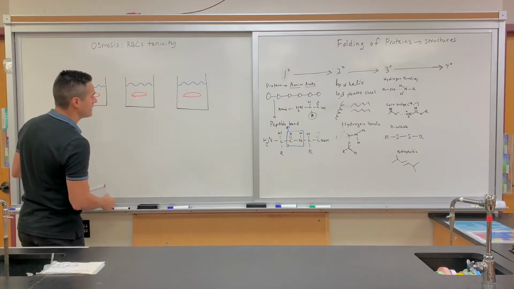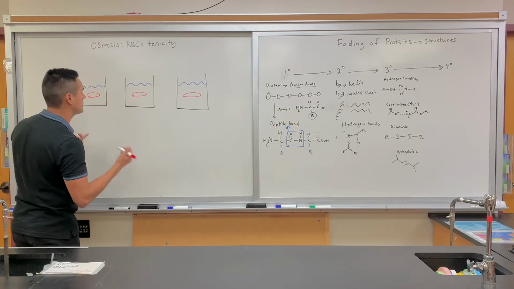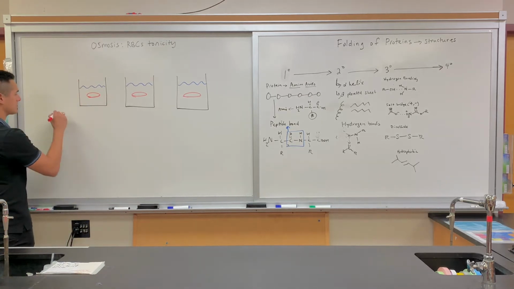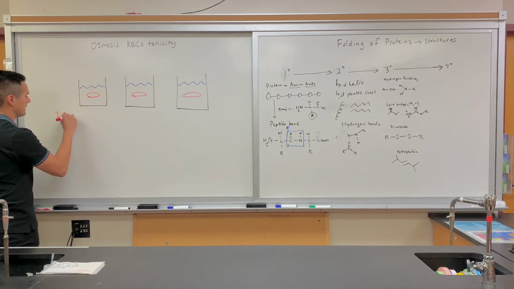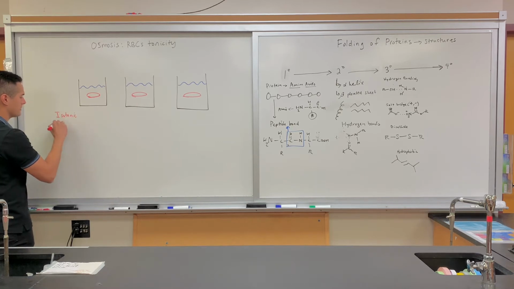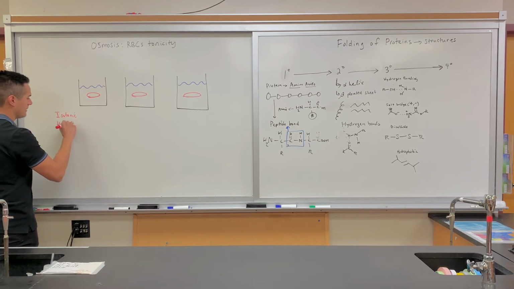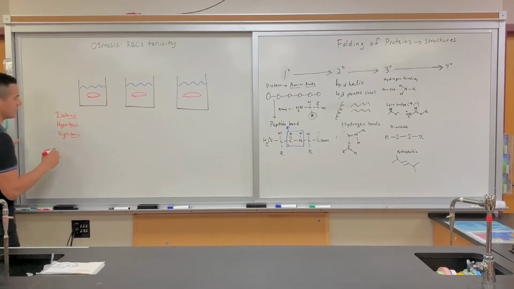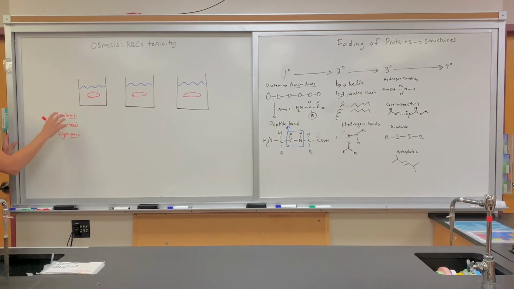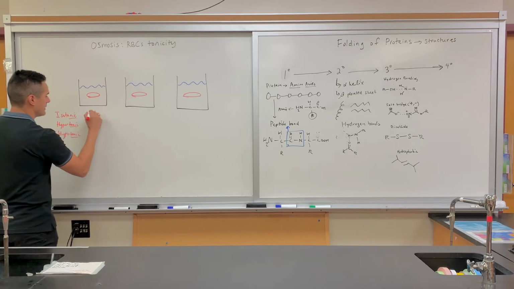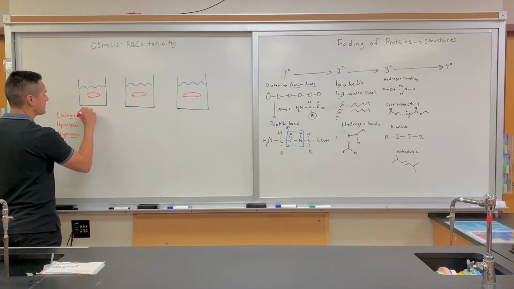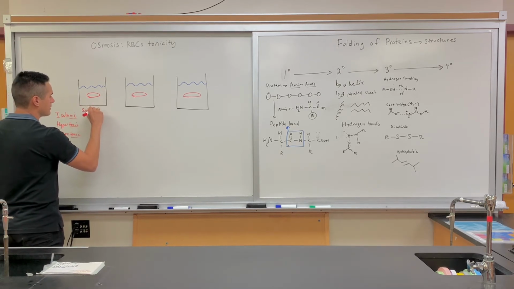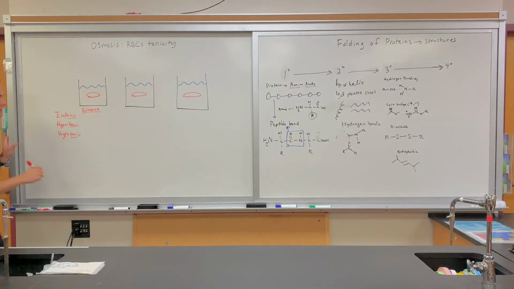So there are 3 main types of solutions that we're going to discuss. We have what's known as isotonic, we have a hypertonic solution, and then we have a hypotonic. So when we say tonic, what we're referring to here is the concentration of our solvent.